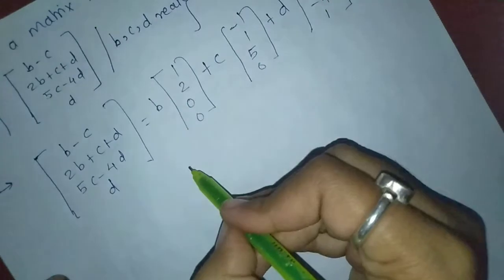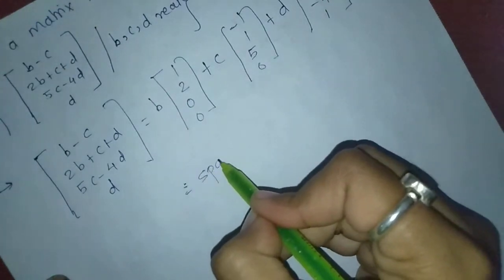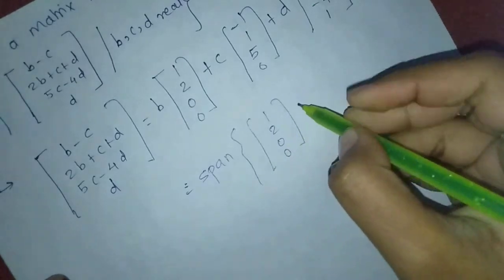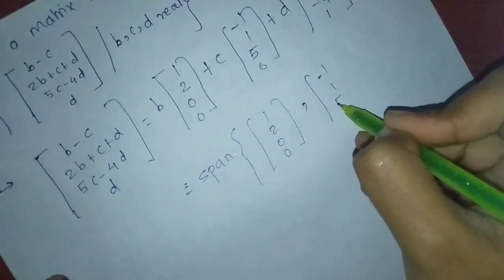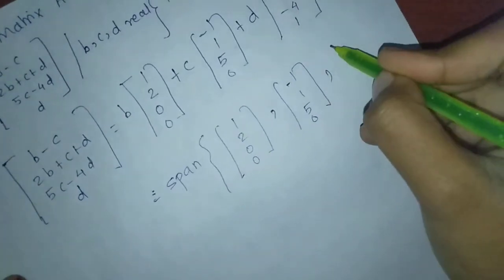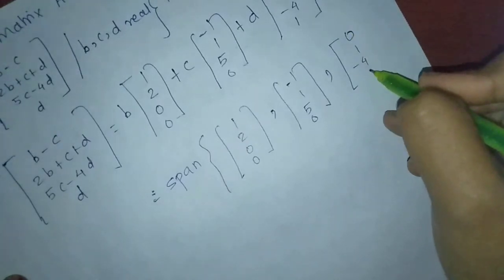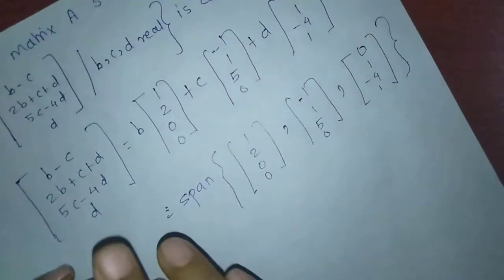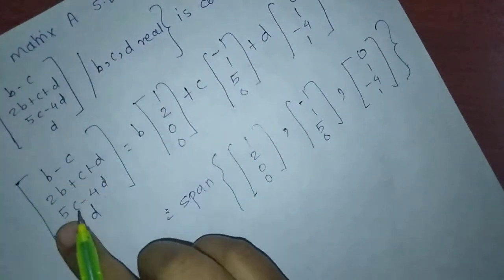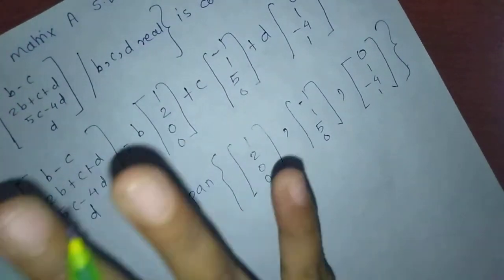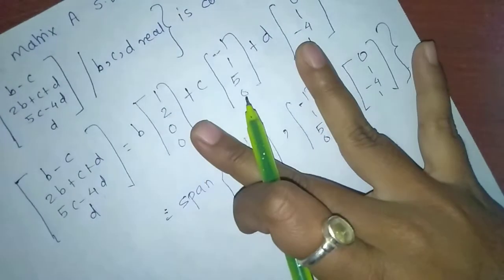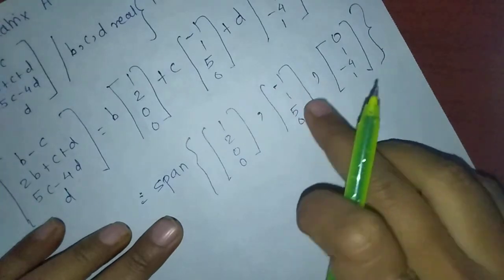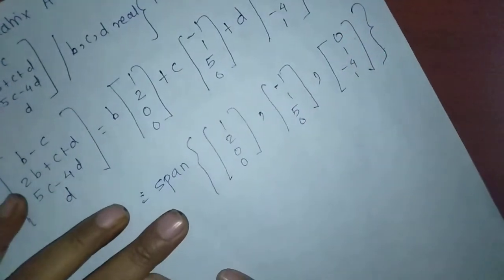This is nothing but the span of 1, 2, 0, 0, -1, 1, 5, 0, 0, 1, -4, 1, because B minus C, 2B plus C plus D, 5C minus 4D, D is the linear combination of these three vectors.